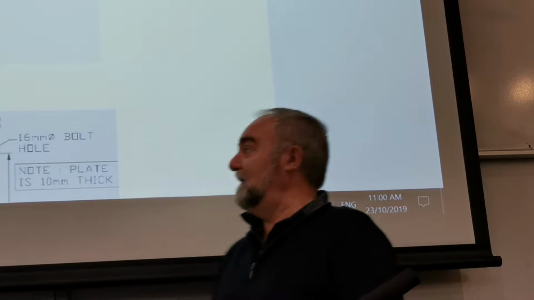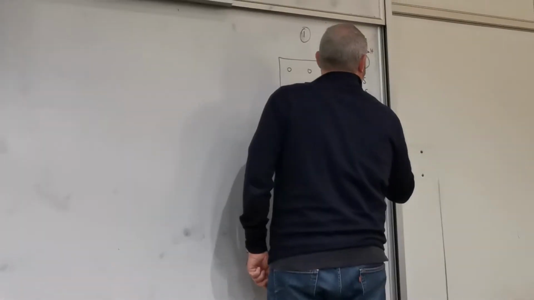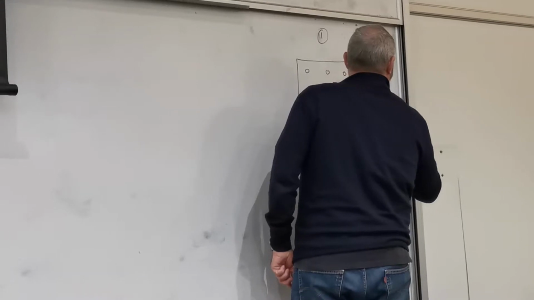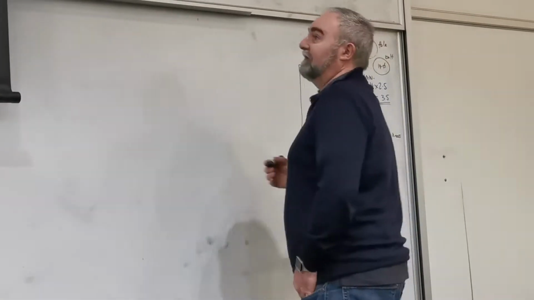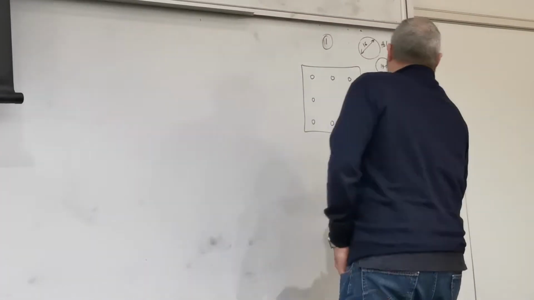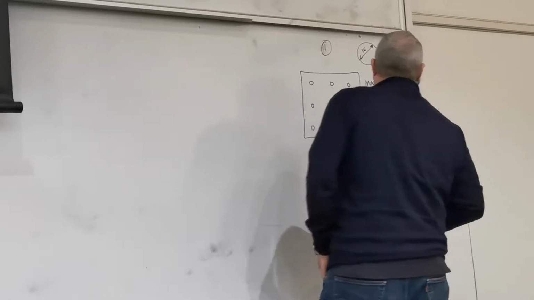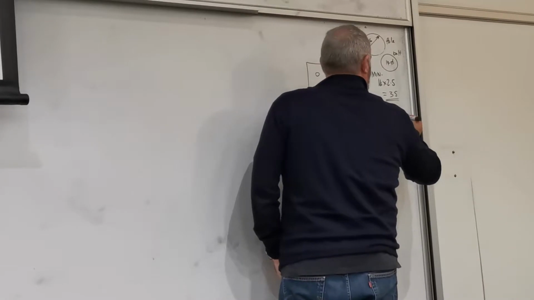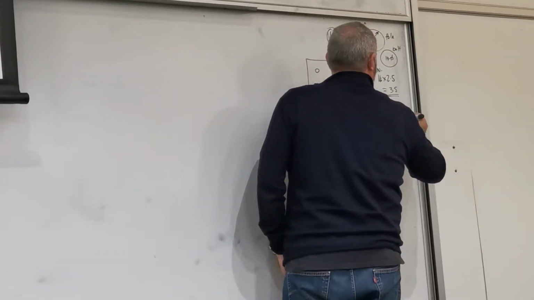32 is also the number you need for the plate. And so 32t is 32 times the thickness. So 32 times, what's the thickness of this, is 8, equals 256. Now there is a little add-on to 32t, in brackets, no more than 300.